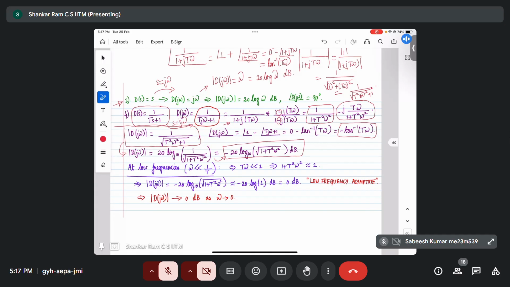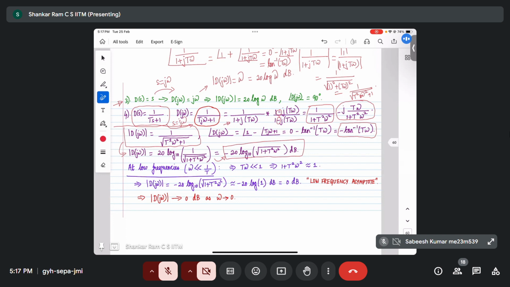Now, in fact, Roshan asked whether we will have straight lines. Immediately you can see that here you have a non-linear function of omega. It's no longer a straight line if you look at the function. However, we can plot what are called asymptotes. So what are asymptotes?